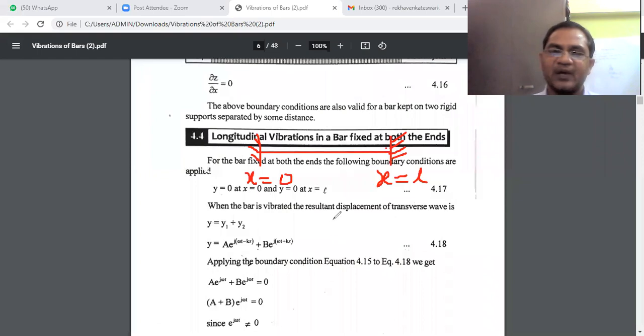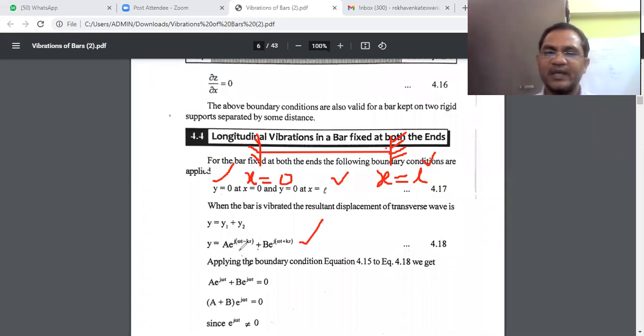Now, applying the boundary condition, because both ends are fixed, both ends are clamped: at x is equal to 0, displacement y equal to 0. At x is equal to L, here also y equal to 0. So what is the exponential form of solution we have?